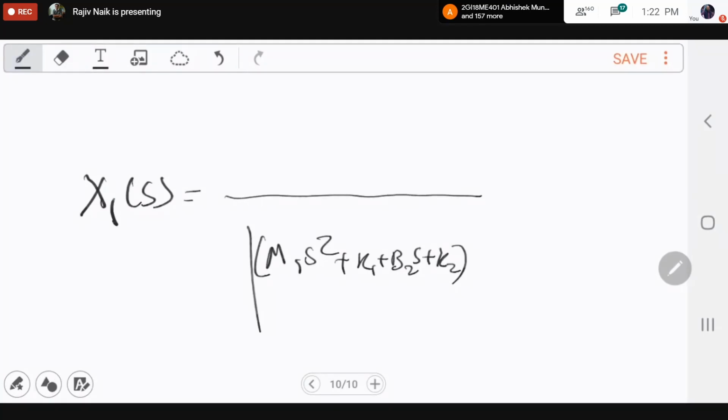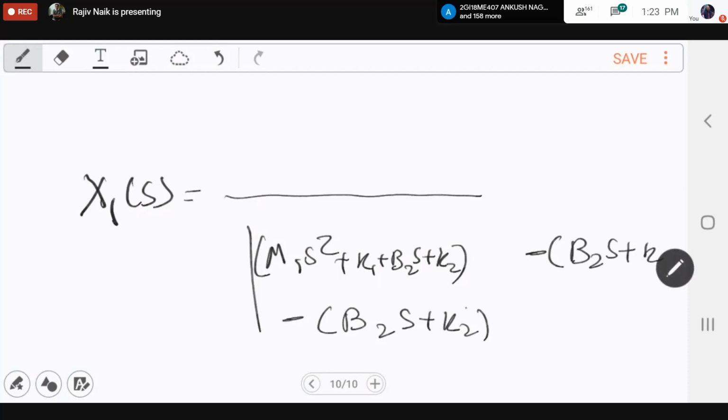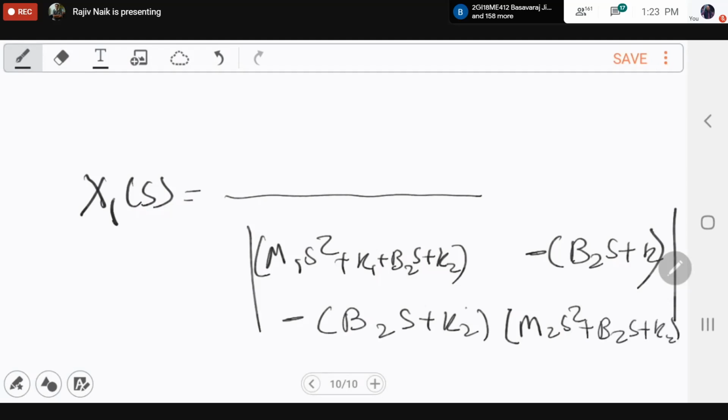Then you have coefficient of x1 in the second equation, that is minus b2s plus k2. Then coefficient of x2 in the first equation is minus b2s plus k2. It will be same. It is called as coupler element. And here coefficient of x2 in the second equation is m2s square plus b2s plus k2. This is the denominator determinant.